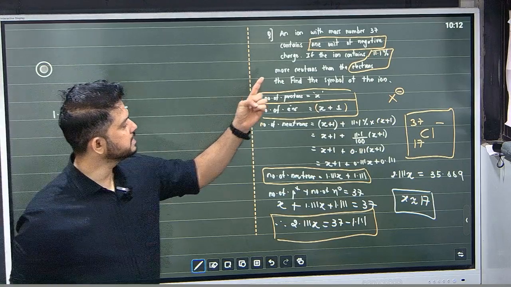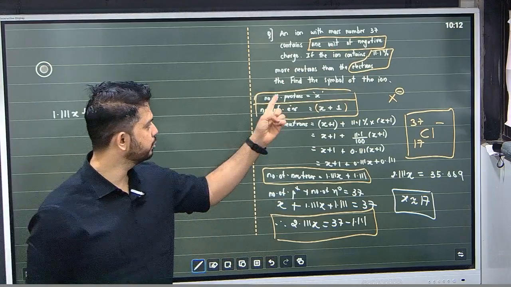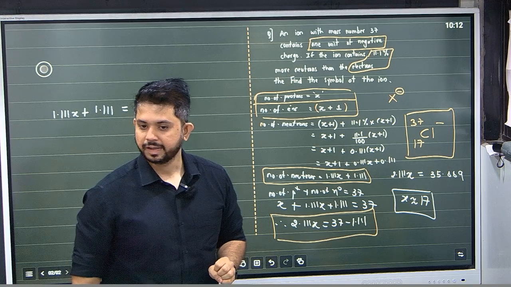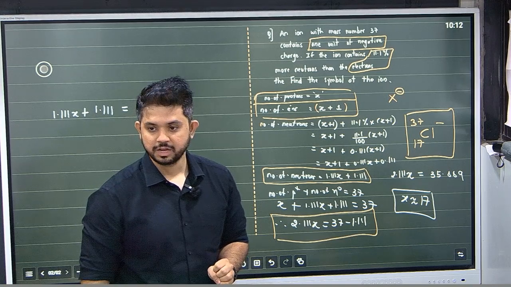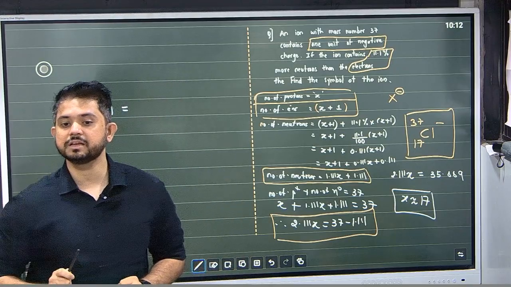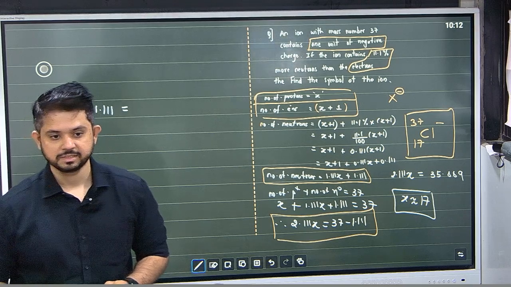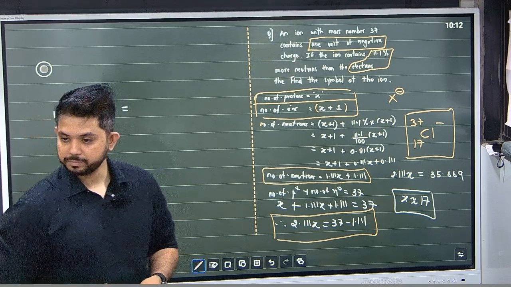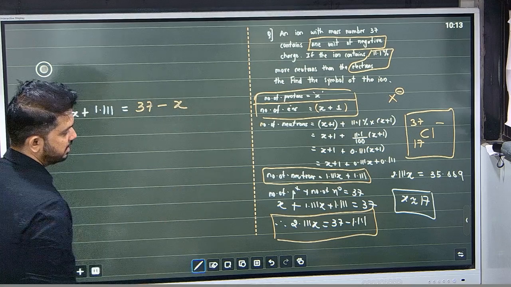What is the mass number that we have? 37. And how many protons do we have? X. So now give me the number of neutrons. If the mass number is 37 and the atomic number is X, the number of neutrons will be 37 minus X.